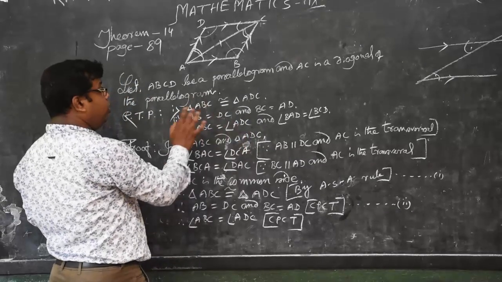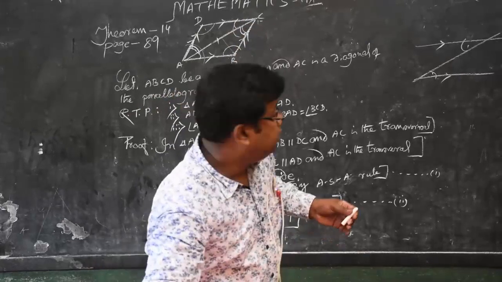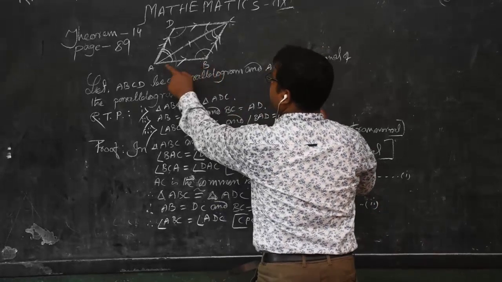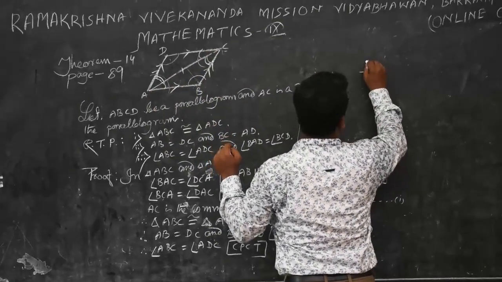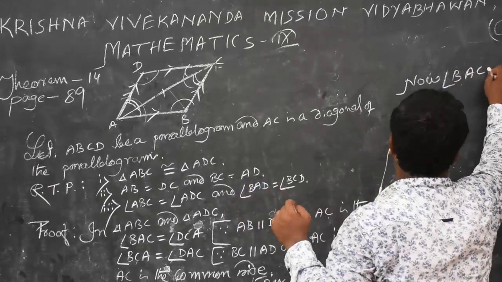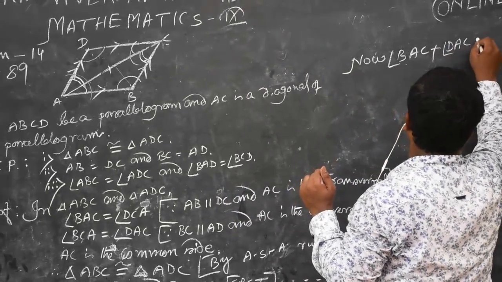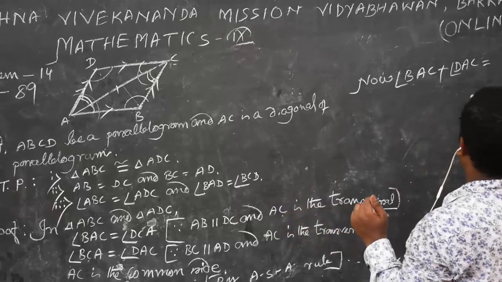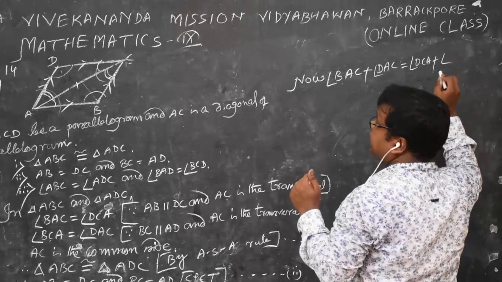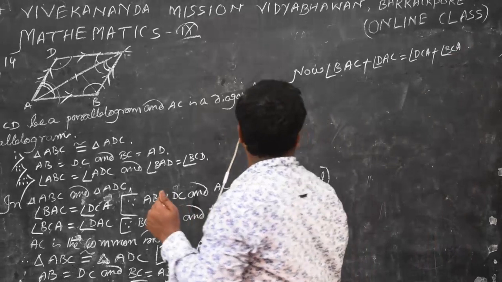Now we have to prove this angle equal to this angle. Angle BAC plus angle DAC equal to angle DCA plus angle BCA. Now look at the figure.